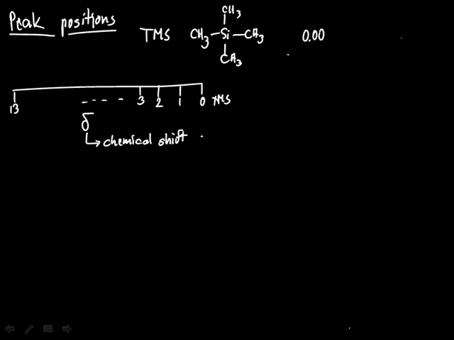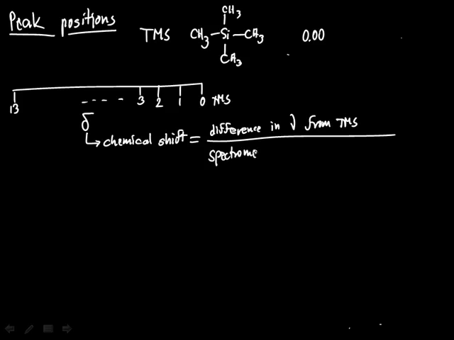If we were to quantify this, it would be a difference in absorption frequency compared to TMS. We have to divide this difference by the spectrometer frequency, because if our spectrometer works at a higher radio wave frequency, it will increase this difference proportionally.